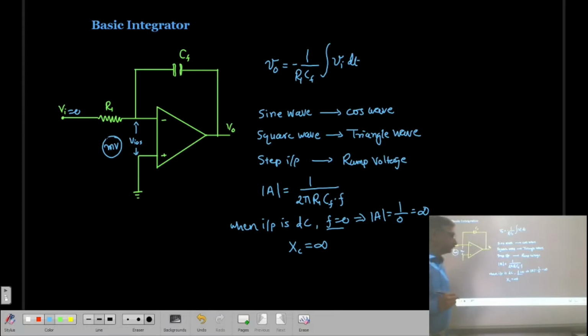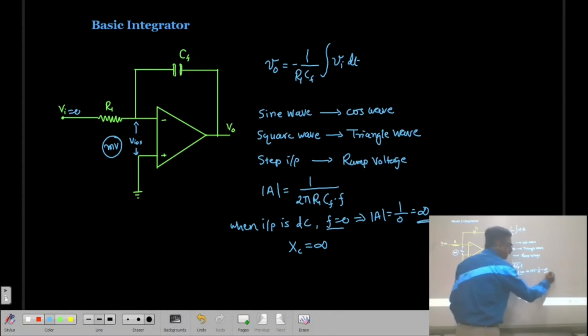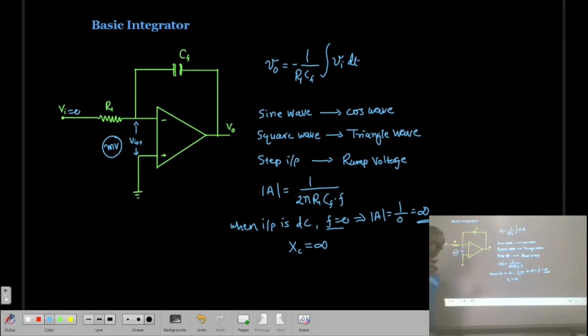Now, in this case, the gain of the amplifier is very large. So what will happen if the input signal is very low? Still, you will get a very large output voltage. If this input offset voltage is positive, the capacitor goes on charging or discharging, and as a result you will get the output voltage going decreasing, because for DC you will get a ramp voltage.